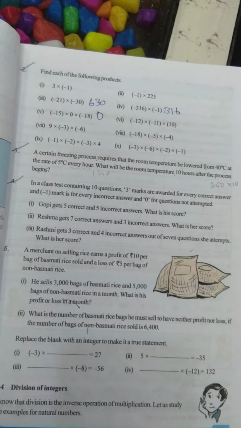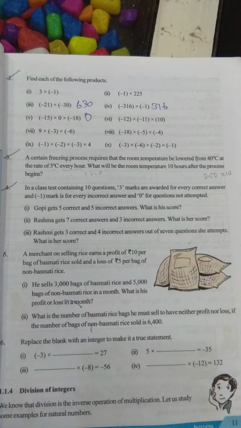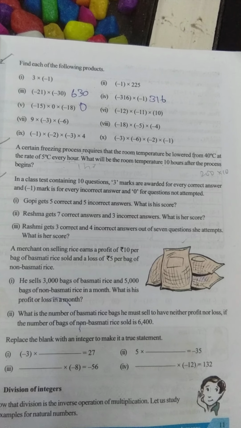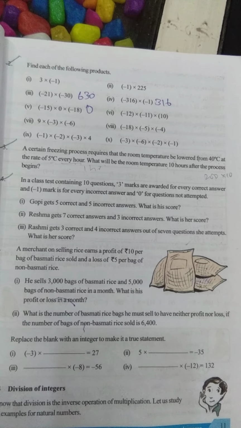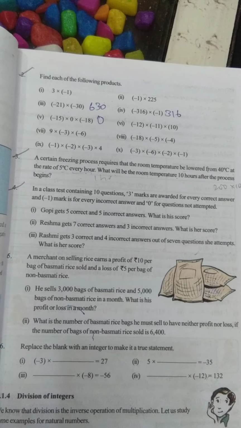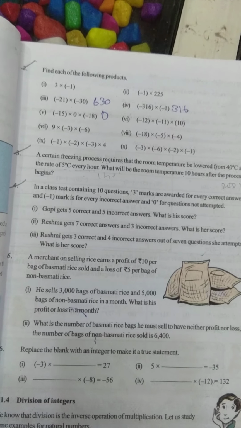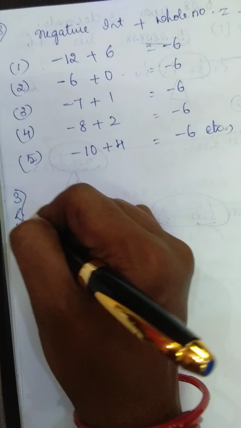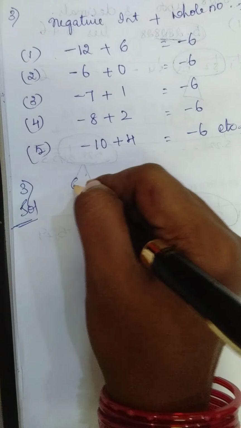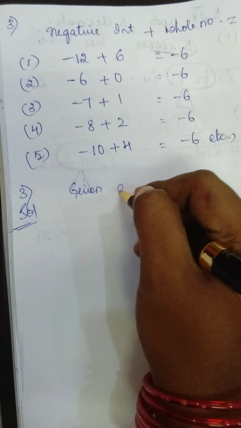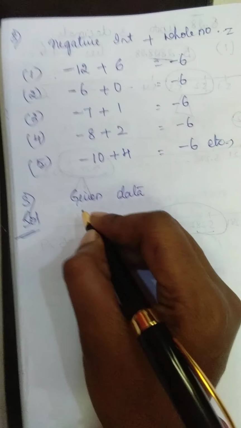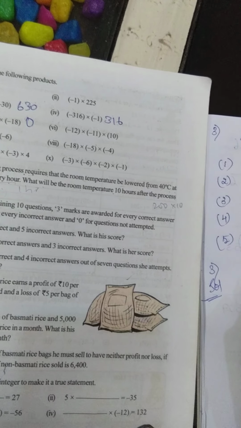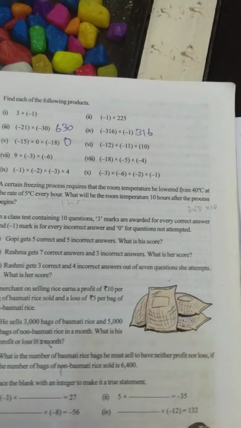What do you have to do? What is the question actually? Read the question, all of you. A certain freezing process requires the room temperature be lowered from 40 degrees centigrade. What is he saying? First of all, the given data. Solution, third question. He is saying that the 40 degrees centigrade is decreasing at a rate of 5 degrees centigrade every hour.